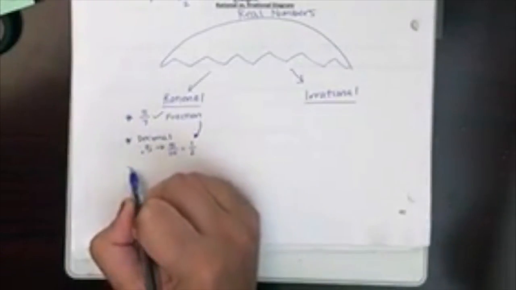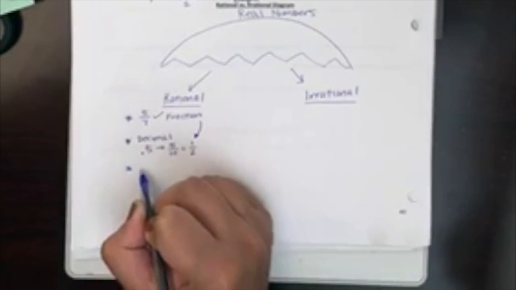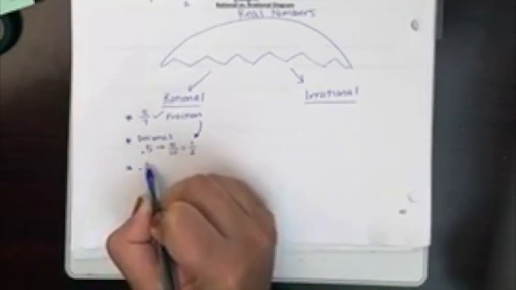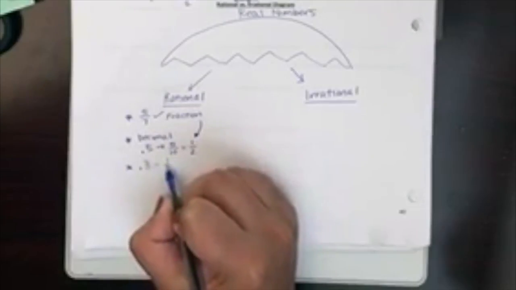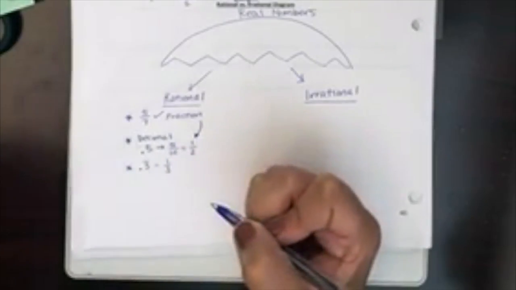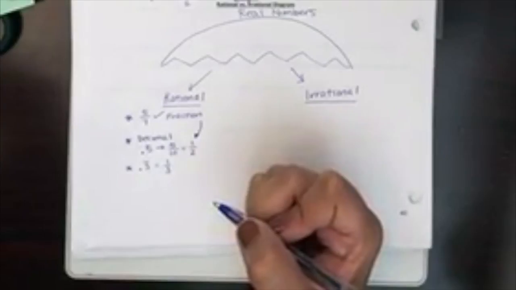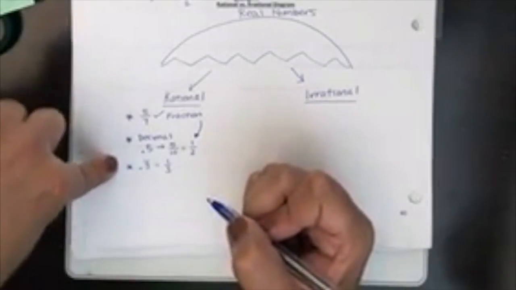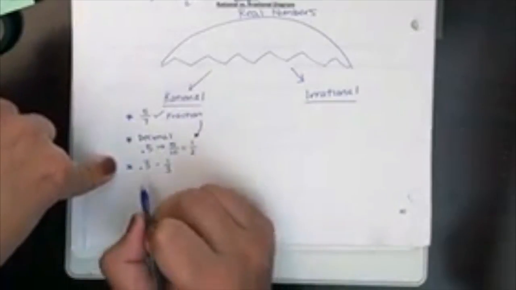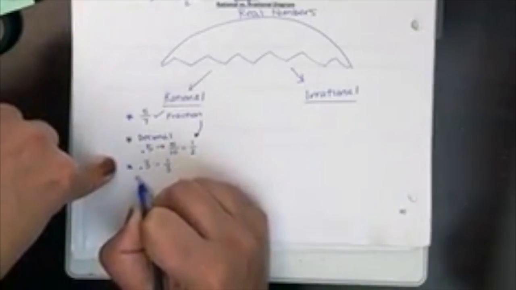Now, there are some decimals that will repeat. For example, 0.3 repeating, and this goes on forever and ever and ever. We should hopefully know that 0.3 repeating is the same thing as 1/3. So if you have a decimal that goes on forever, but it has a pattern, we can write that as a fraction. So let's make this key point here. This is kind of the challenge.